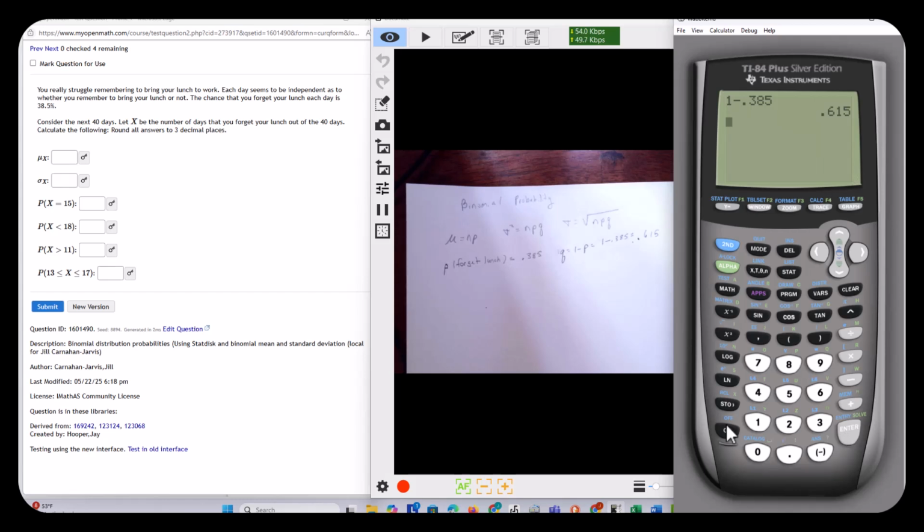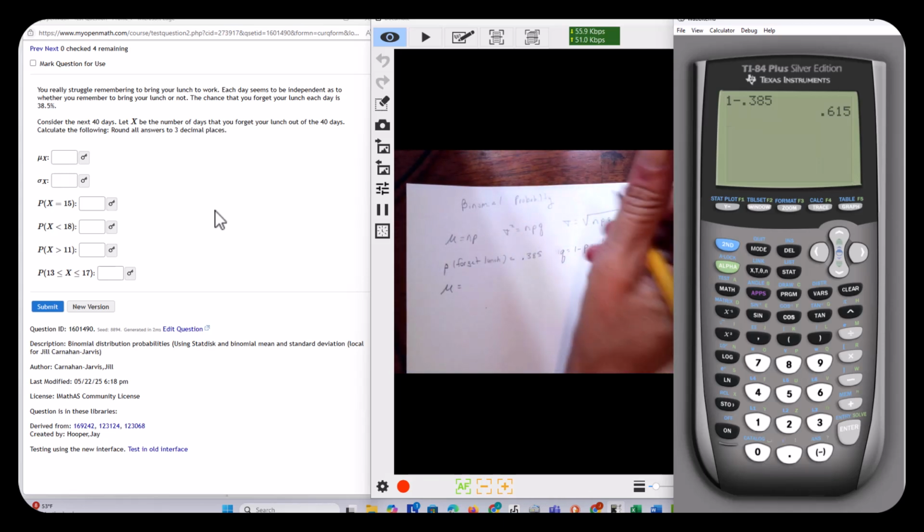We've got to calculate all these probabilities. The first thing it wants you to calculate is the mean. Now notice that this is denoted the mean sub-random x. I just have it denoted with mu, the mean here. You may see this in books, you may see it not, so just different notation. It's still just your mean, which is n times p. So let's go ahead and do that one. Mu, the mean, is going to be n. Oh, I didn't write n down, so I'll put n up here.